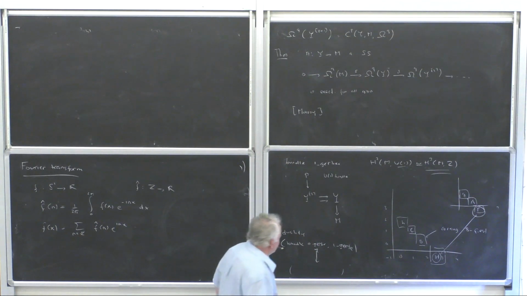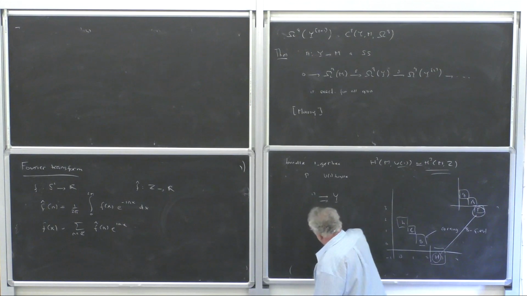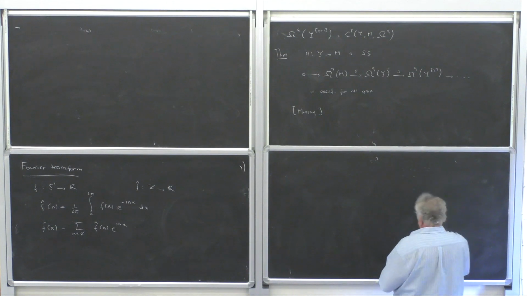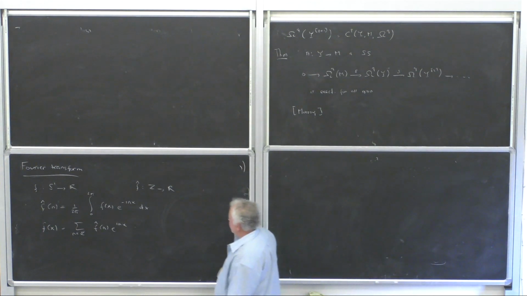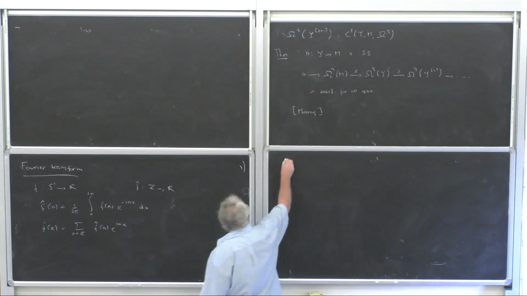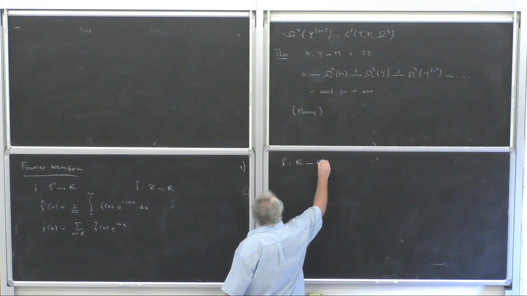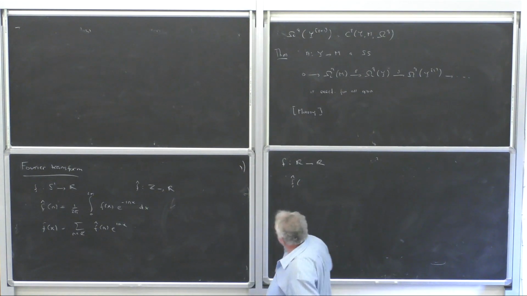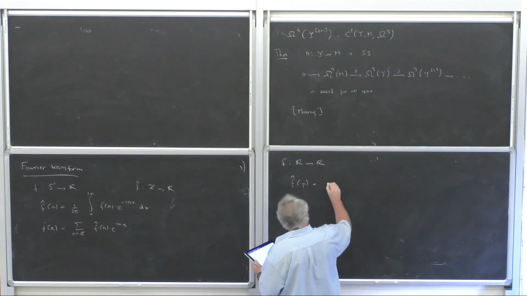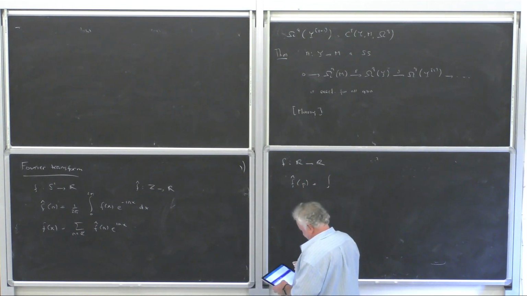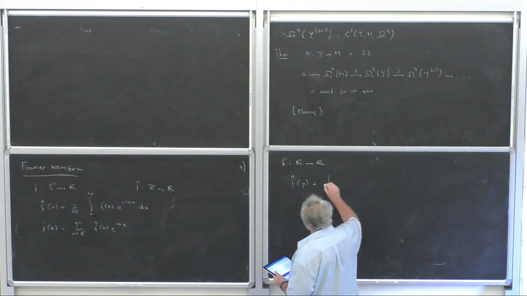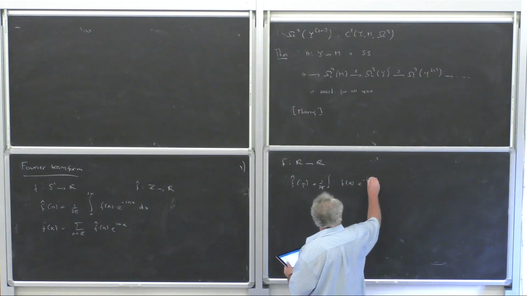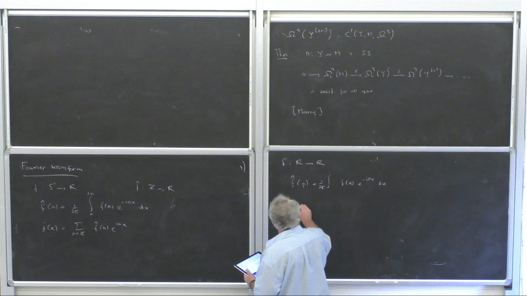Now, these things generalize. In particular, you don't have to take periodic functions or functions on a circle. You can also take functions on, say, the real line. In which case, f is a function on the real line. Then the Fourier transform, I guess you want to denote it by p, and the inverse.